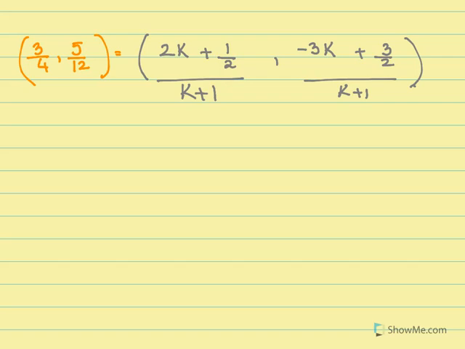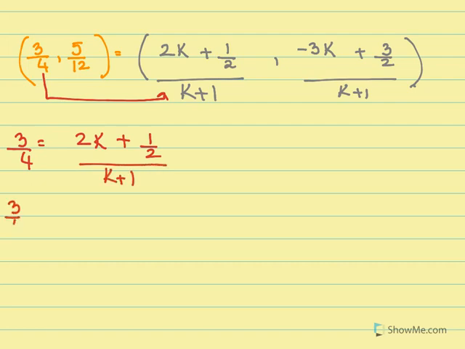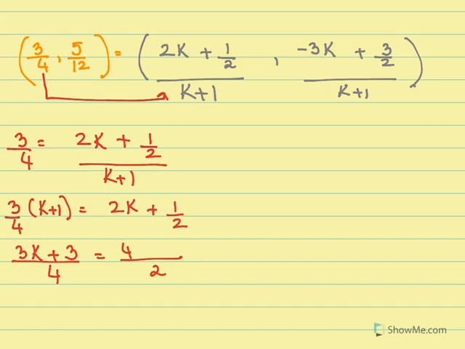So here is the section formula. Now this is the x coordinate, 3/4 is the x coordinate, so I'll write 3/4 equal to (2k + 1/2) over (k + 1). Cross multiply: 3/4 (k + 1) equals 2k + 1/2. So (3k + 3) over 4. Here I'll take the LCM as 2, so (4k + 1).